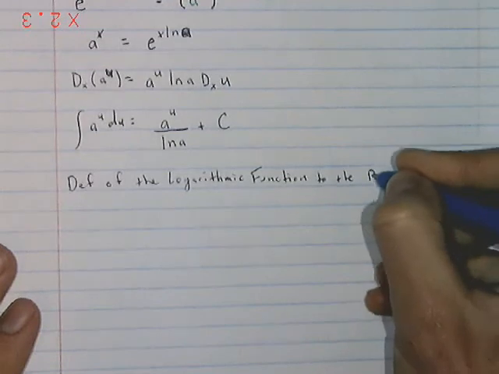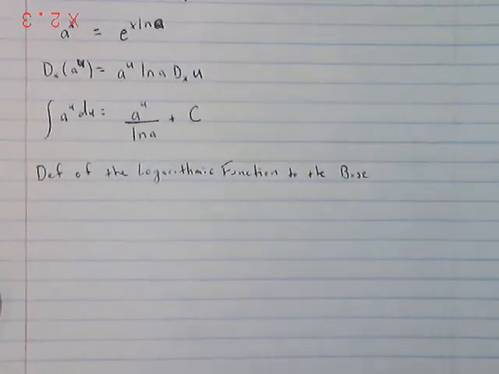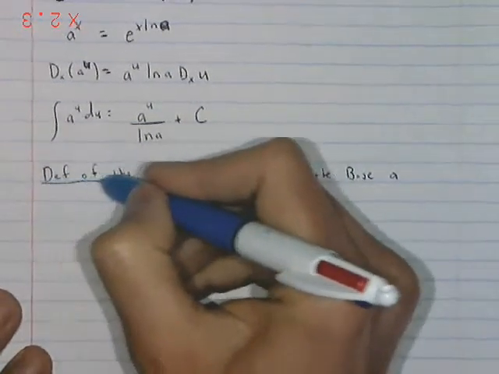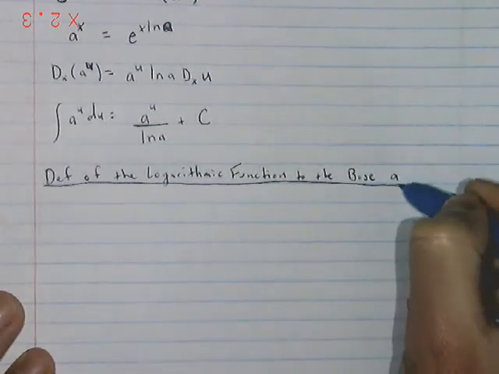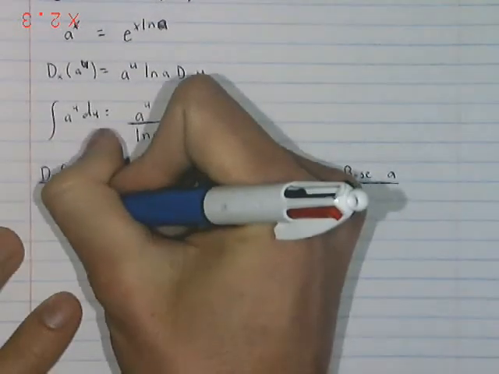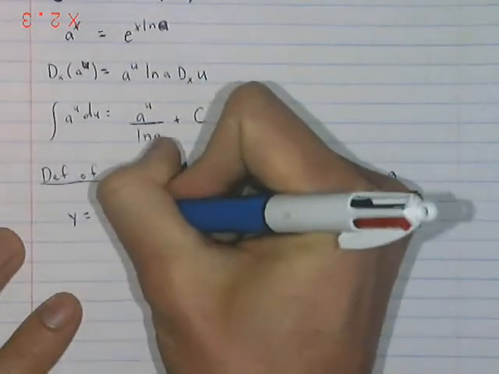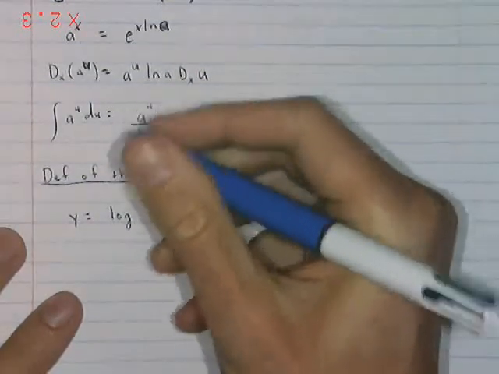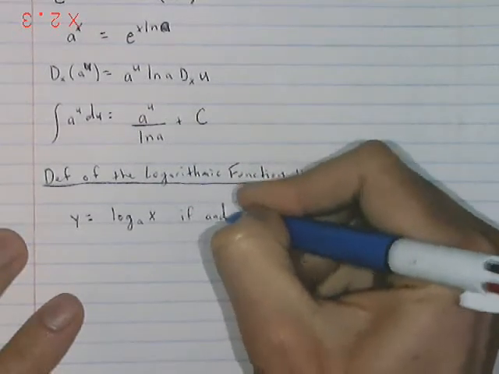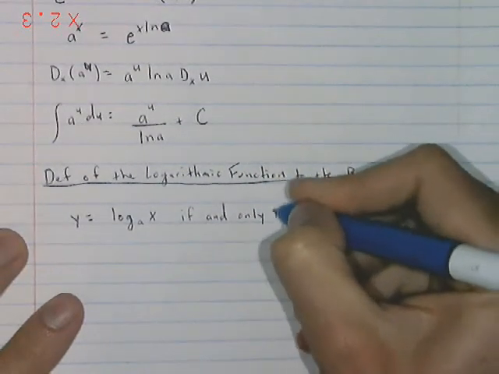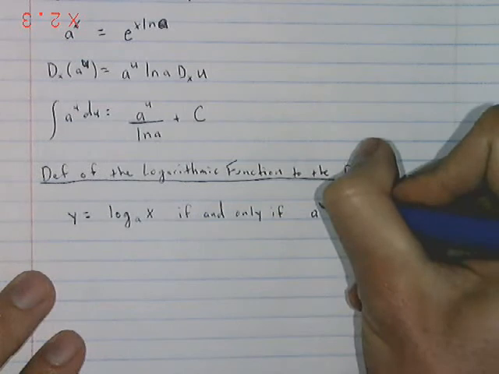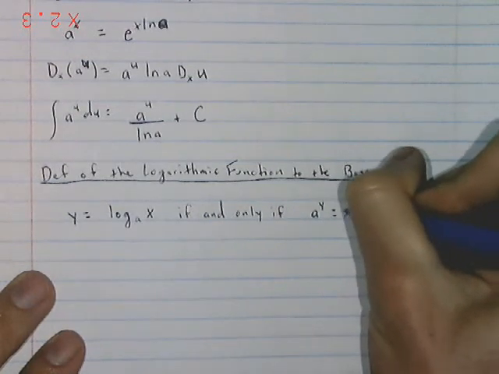To the base a. And the definition we're going to go with is that y equals log base a of x if and only if a to the y equals x.